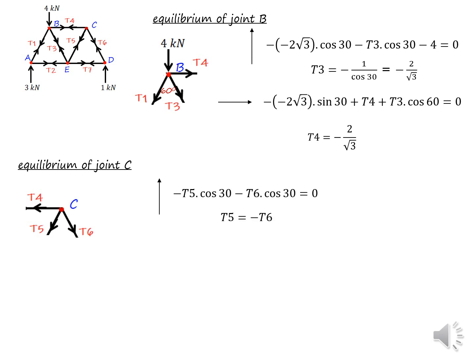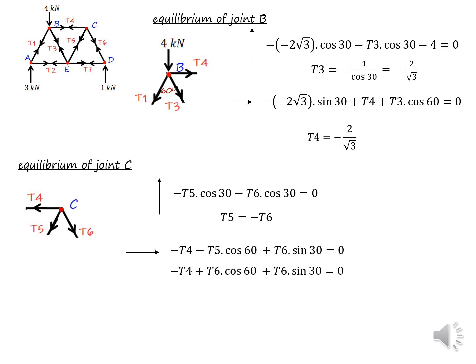As we discussed before, apply the vertical equilibrium, then you will get T5 equals minus T6. And the horizontal equilibrium: minus T4 minus T5 cos 60, that's due to the horizontal force component from T5, and the horizontal force component from T6 is T6 sine 30. So adding together, for equilibrium it should be 0.